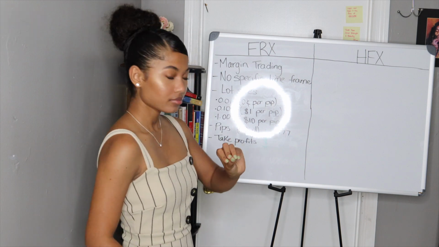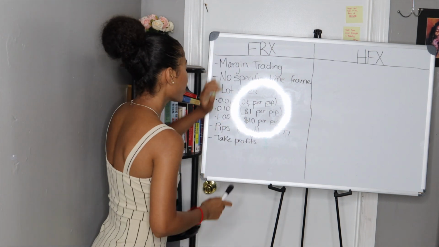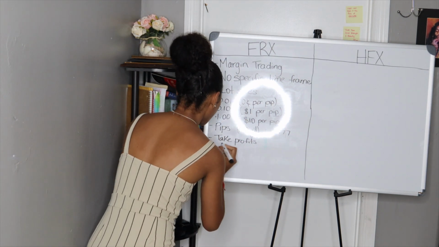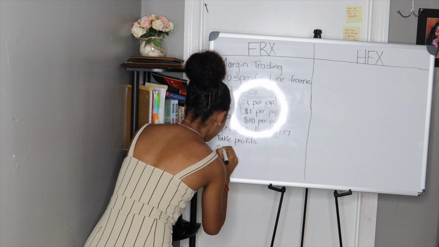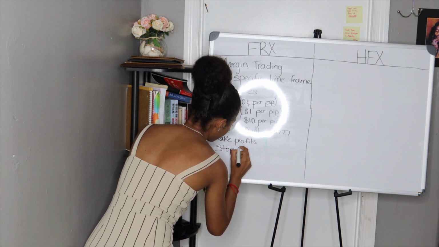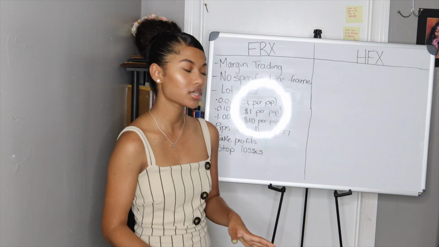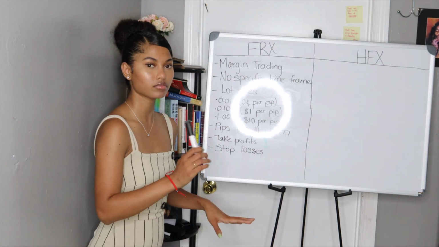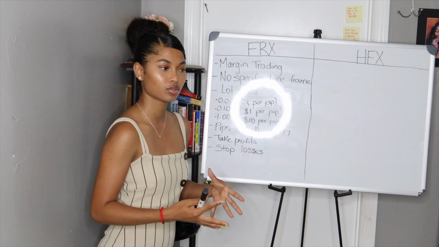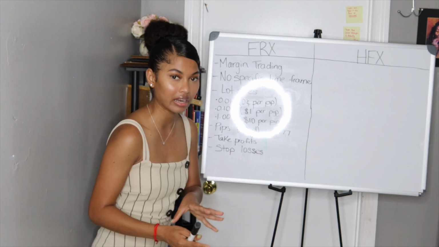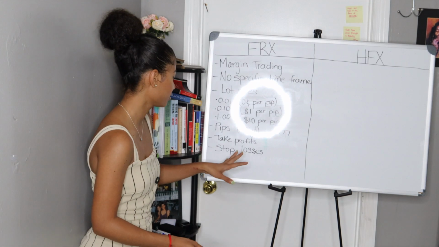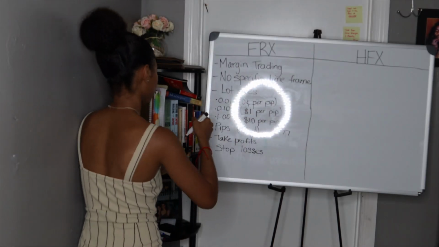Now, something else that FRX has is something called stop loss. Stop losses, just to break it down a little bit, help you to not lose a lot of money when trading. So just keep it short and simple.